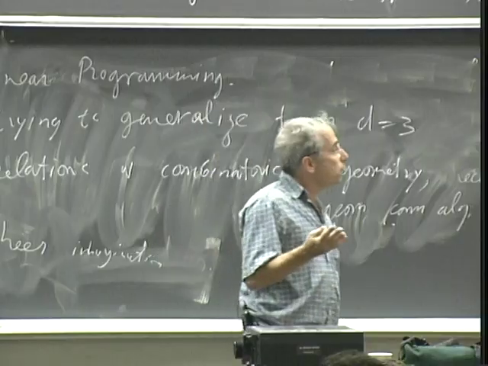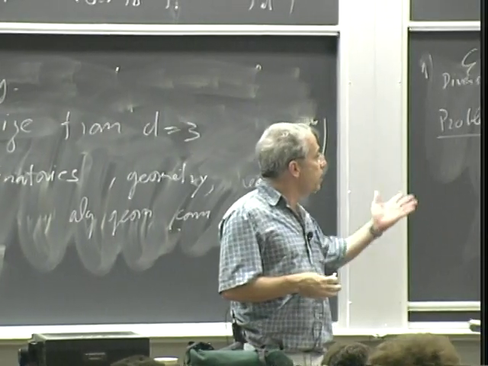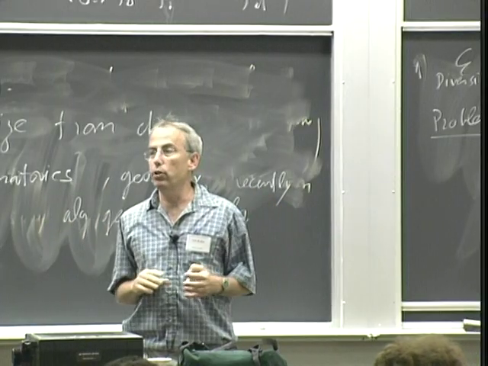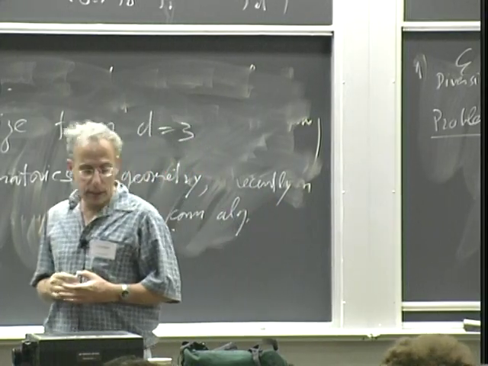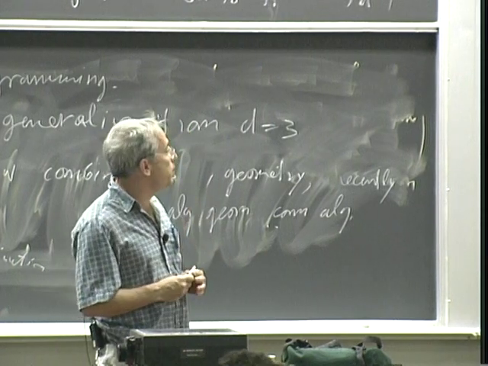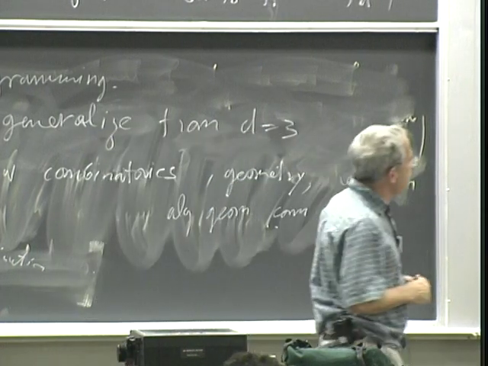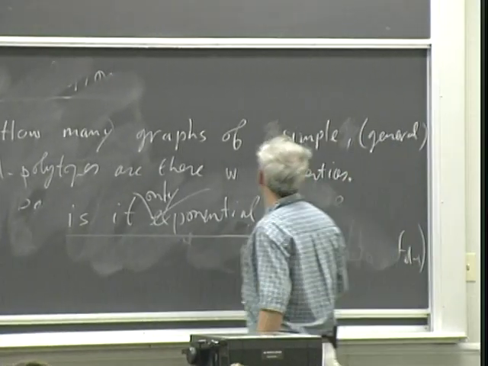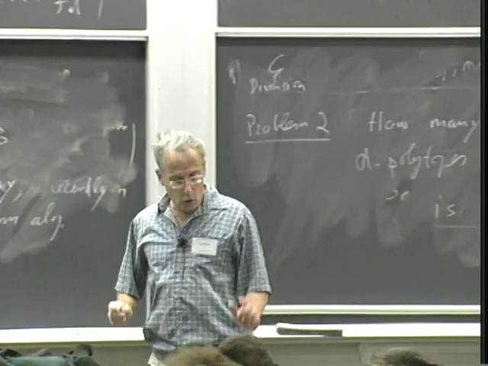But there are reasons to believe that maybe the number of polytopes is only exponential. This would be a very serious restriction. And this is for simple polytopes, but maybe it applies for general. I didn't think so much about general polytopes, so maybe I put general in questions.